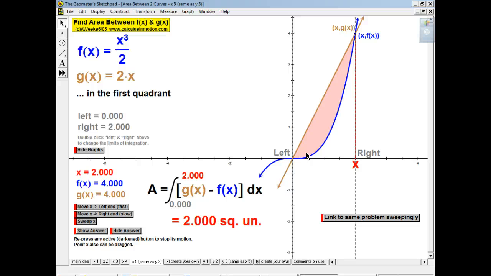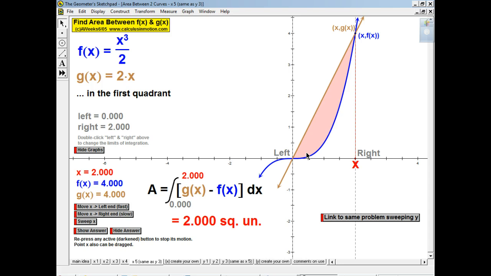So basically, if you are finding the area of a region with respect to x, it's always going to be top function minus the bottom function. Always top function minus the bottom function. The area of a region between two curves is always going to be positive. It'll never be negative. So we have to make a mental note of that.